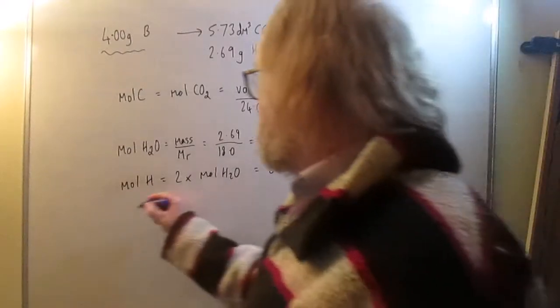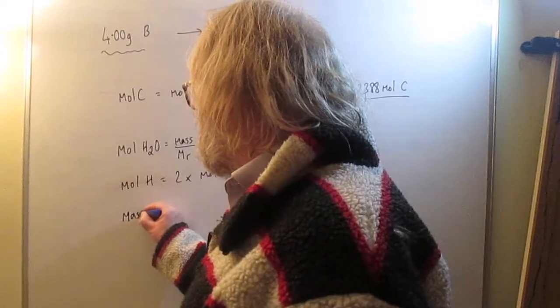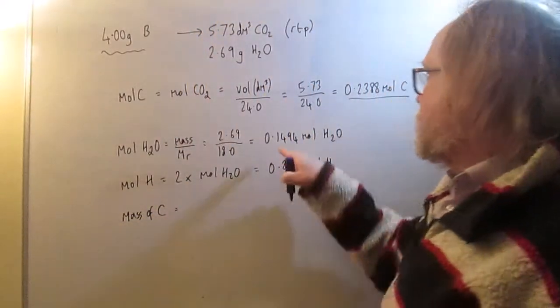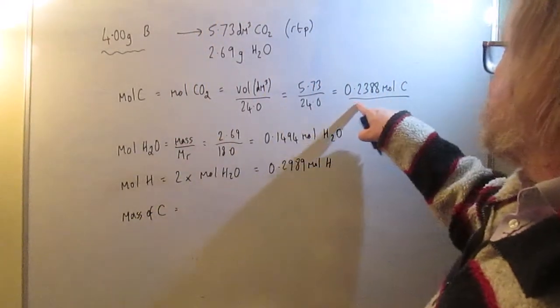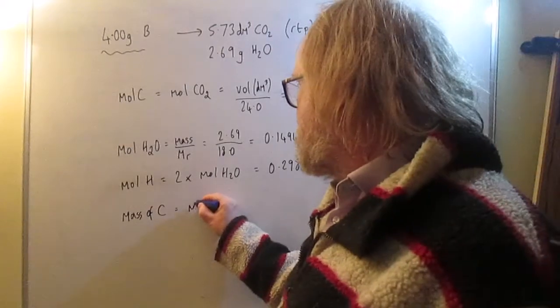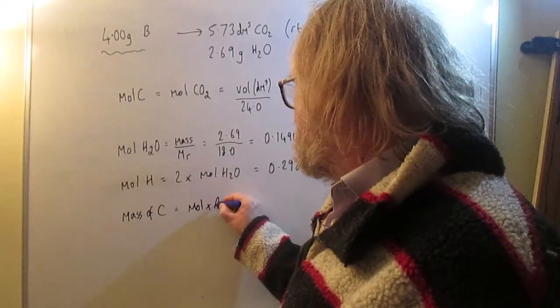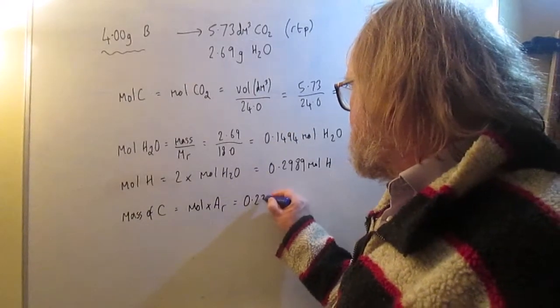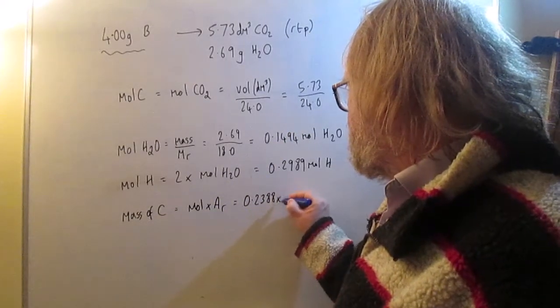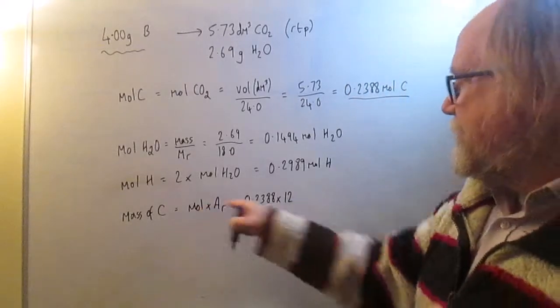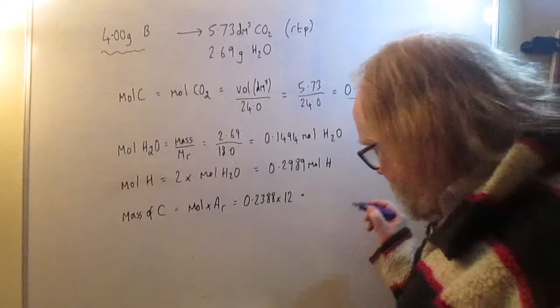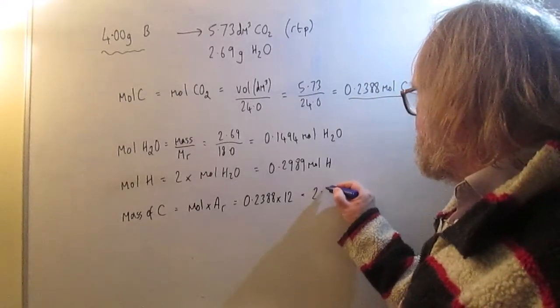So we can get the mass of carbon in the compound, we've got that many moles of carbon, is moles times the relative atomic mass, so that's 0.2388 times 12. Okay, just using mass is moles times Ar. Okay, so that gives us 2.865 grams.